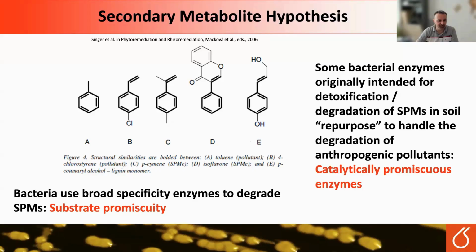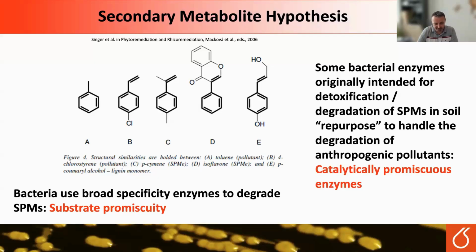The first one would be that bacteria use broad specificity enzymes to degrade secondary metabolites, and by accident, or let's say fortuitously, they can also degrade some anthropogenic pollutants because they are structurally similar.